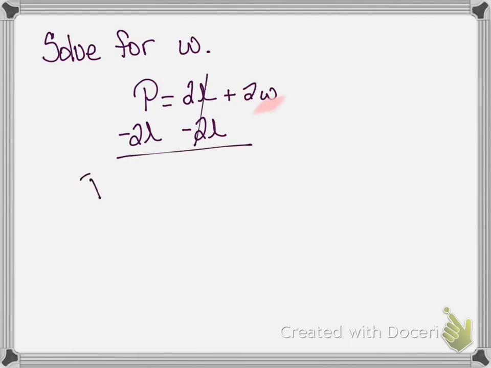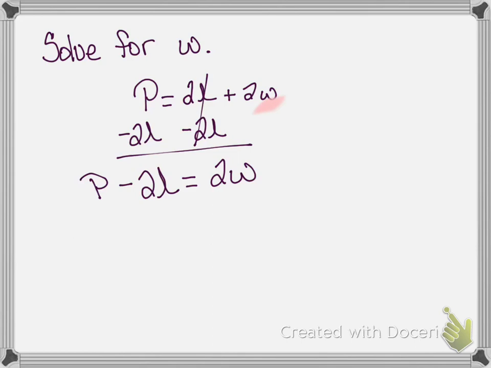Now, when we were doing equations that just had one variable, very often we could combine like terms. But P and negative 2L are not like terms. So we leave it like that. We cannot combine those because they are not like terms. And then we are left with 2W.